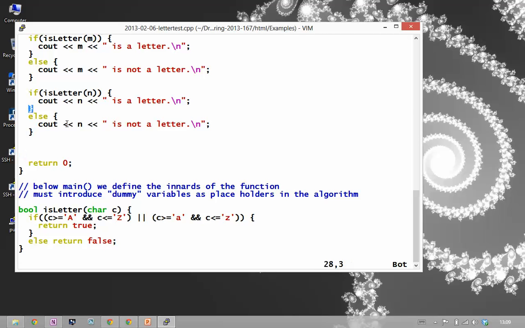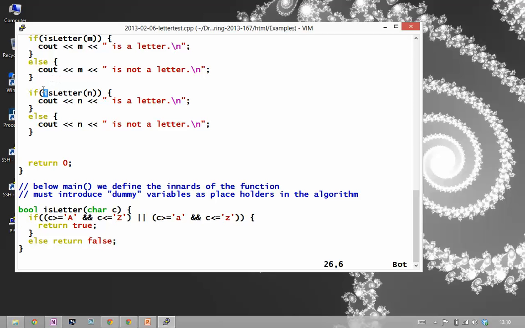Right, so how does if work? If will do the top part if the thing in parentheses is true, and it'll do the bottom part if the thing in parentheses is false, right? So in order for this program to run, it has to figure out the thing in the parentheses. Is it true or is it false? So it gets to these parentheses right here, and it doesn't know what to do.